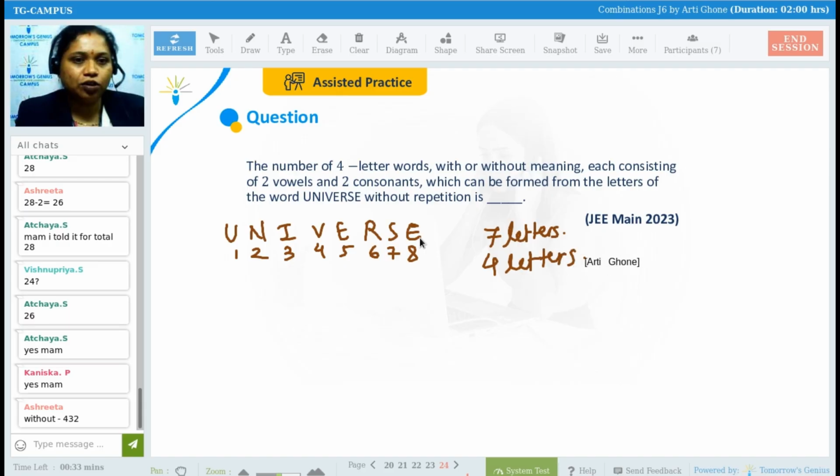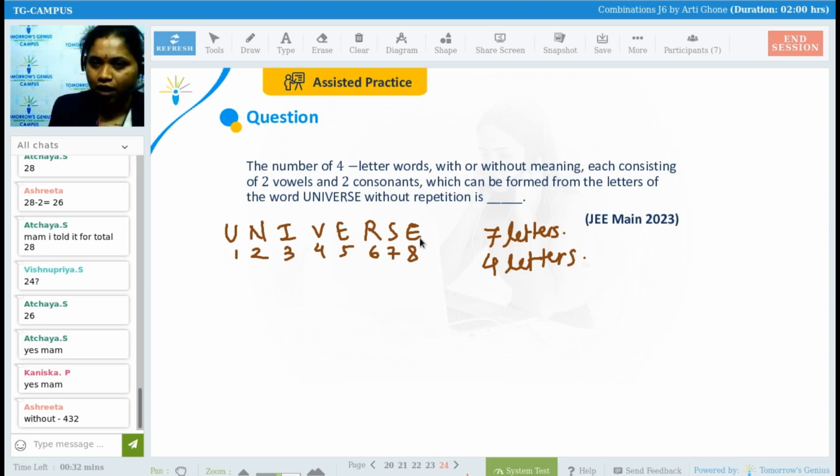So from 7 letters, we are taking any 4 letters. If 7 letters are given for all arrangements, just changing their positions and forming any word, then that is a question of permutation purely. But out of 7, I am taking any 4, so that can be a question of combinations. Clear? Now, first let's take the consonants.